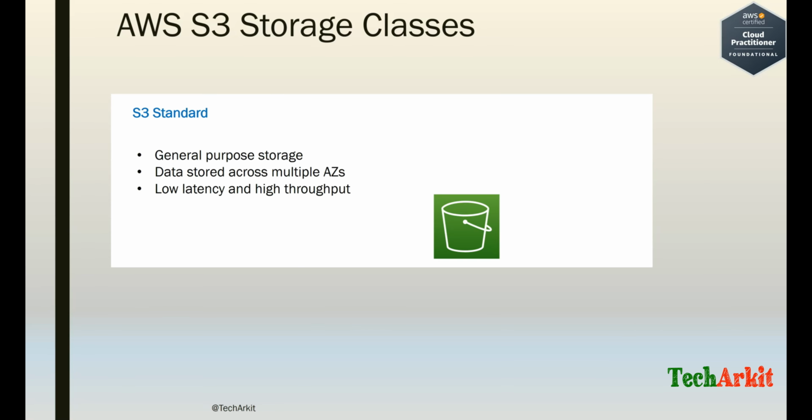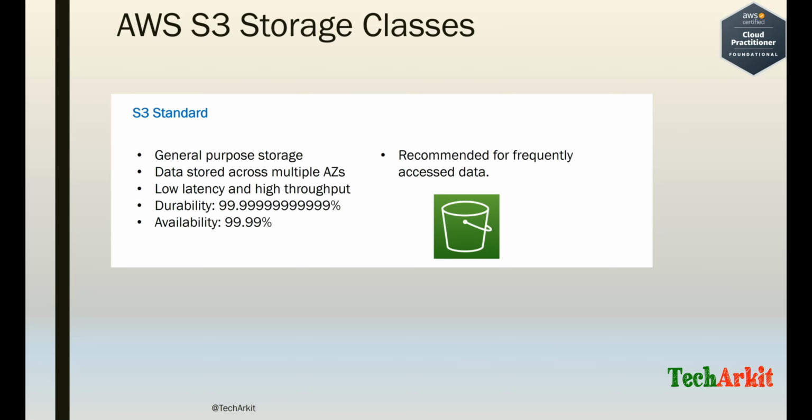It offers low latency and high throughput, so you can access and download the data quickly. Durability is 99.999999999%, the guarantee that you can get your object. And availability, how available your object is, is 99.99%.